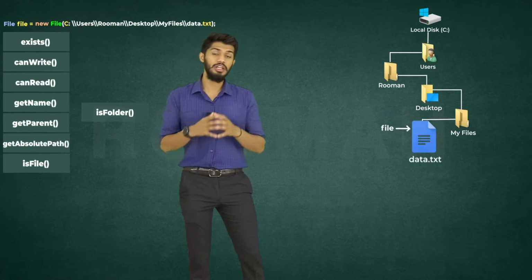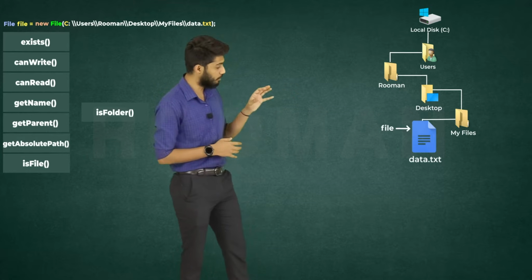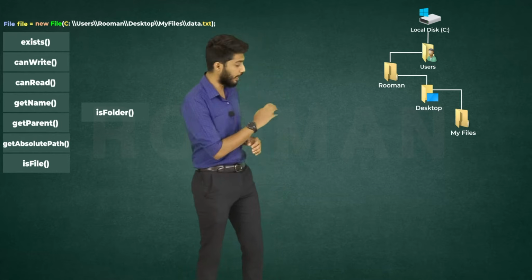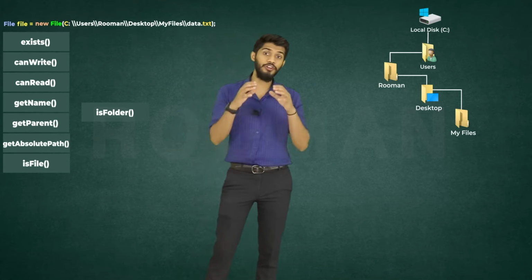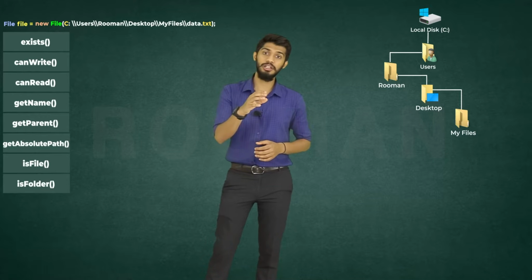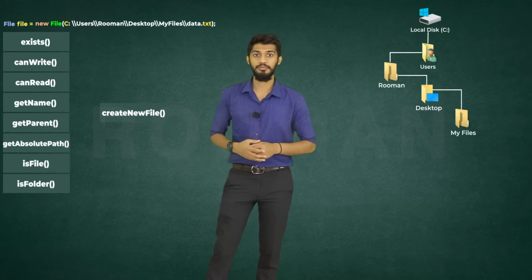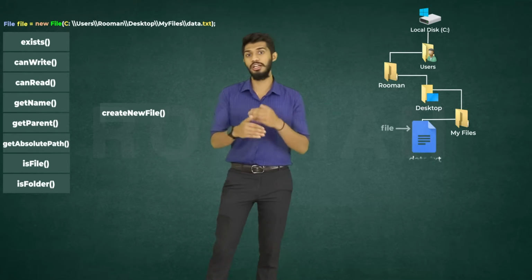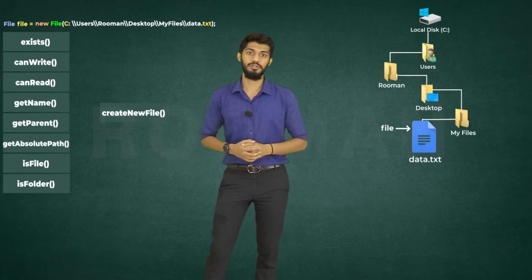Now same way, let's assume that the file does not exist, and I want to create that particular file. If I have to create that file, there is a method for that, and the name of the method is createNewFile. That's all the name of the method. It will create a new file in case it's not present.